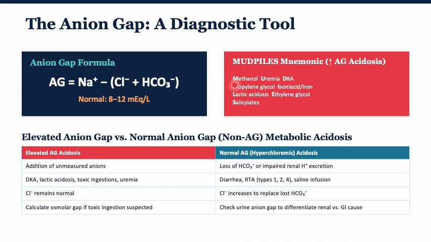So MUDPILES is methanol, uremia, DKA, propylene glycol, isoniazid, and iron, lactic acidosis, ethylene glycol, and salicylates.